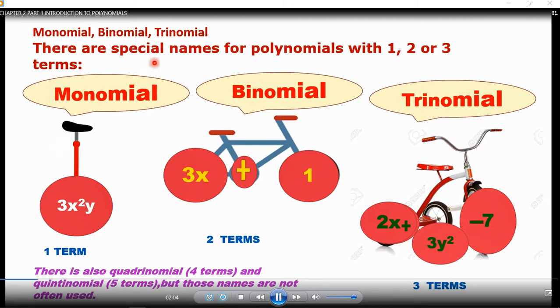Let us learn about the concept of terms. Here I have provided you with many examples where you can see that here there is one term, here there are two terms, and in this part you can see three terms. How can you differentiate these three pictures? Just observe.